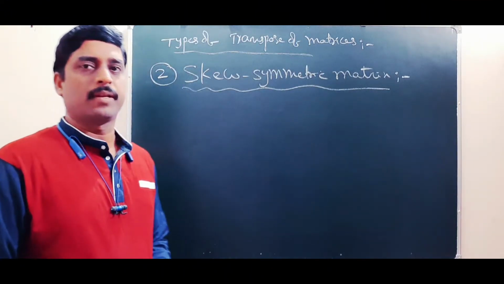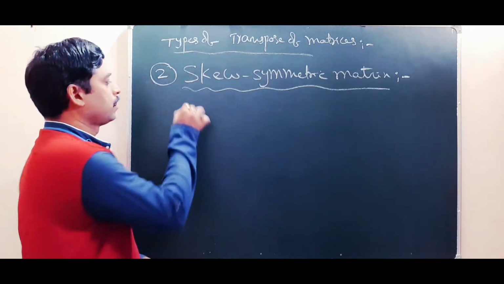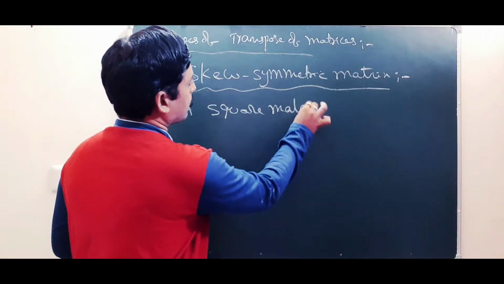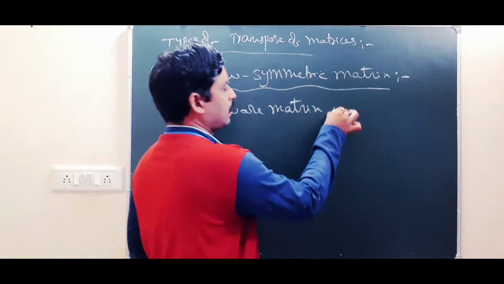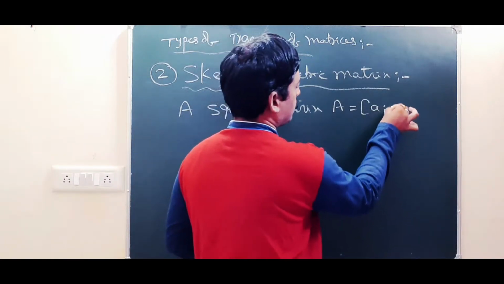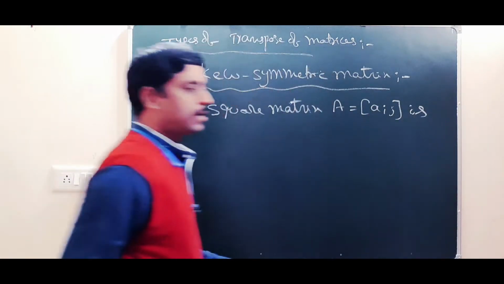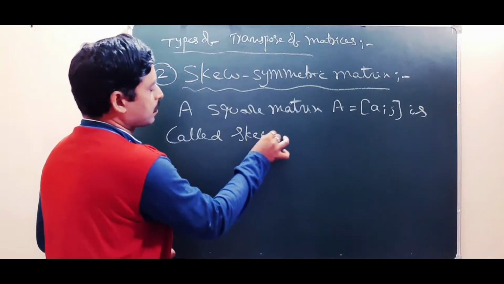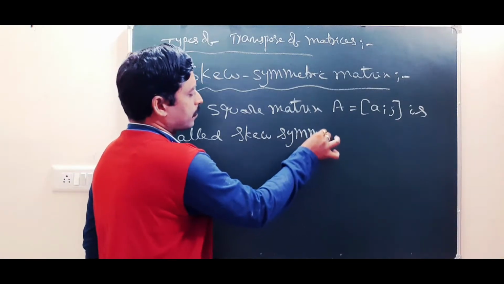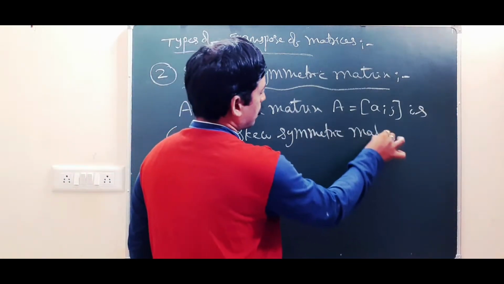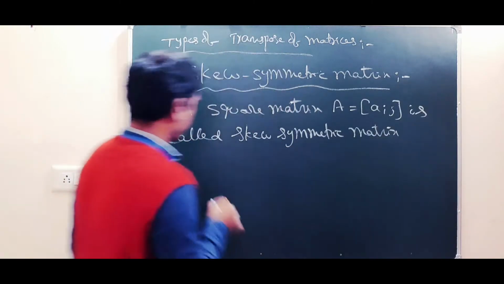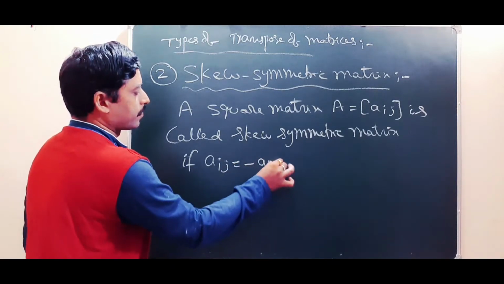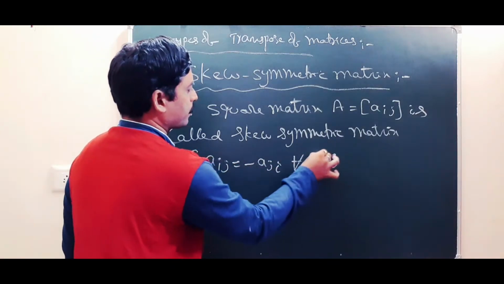Now let me explain the skew symmetric matrix. What is a skew symmetric matrix? A square matrix A equal to [Aij] is called a skew symmetric matrix if Aij equal to minus Aji for all i and j.